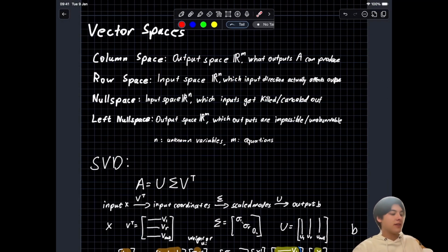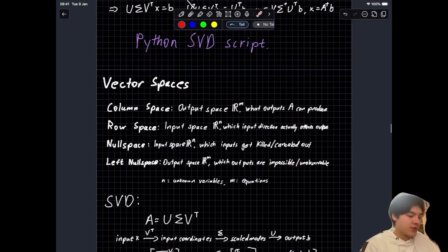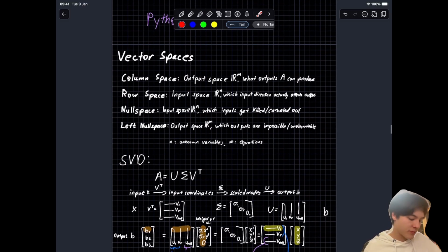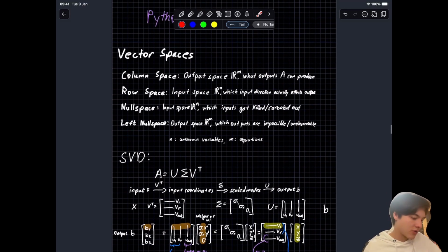So let's look at vector spaces. Column space is the output space, Rm. So what outputs A can produce? Here I'll go through. Row space is the input space. So it's N. M is how many variables, right? X, Y, Z, how many unknowns we have.